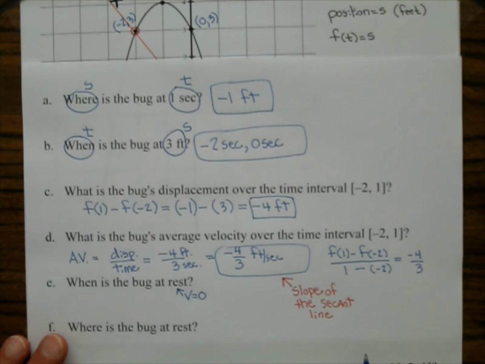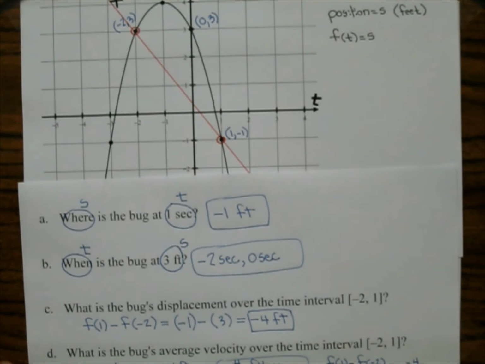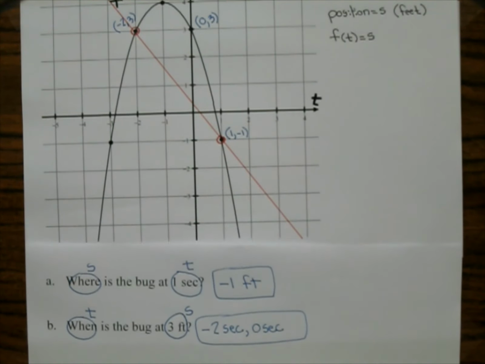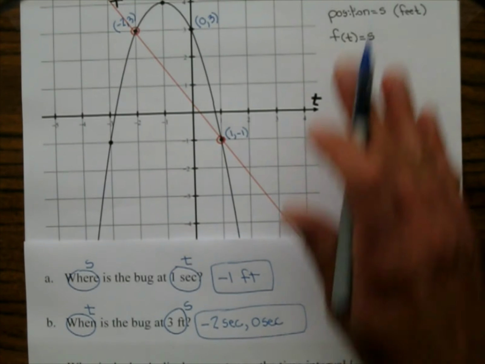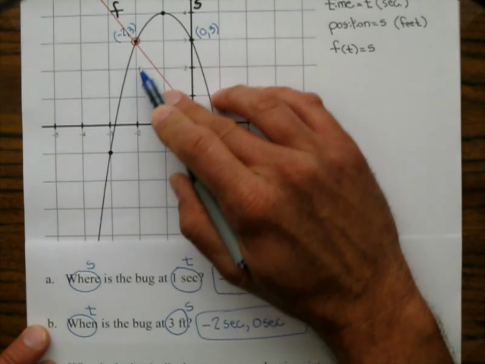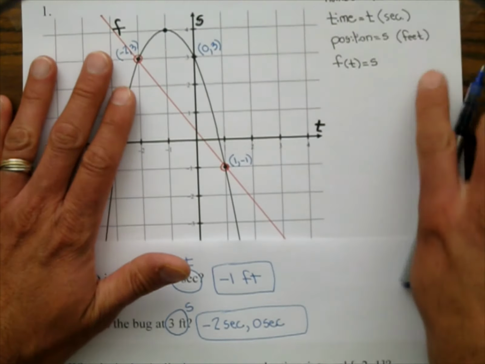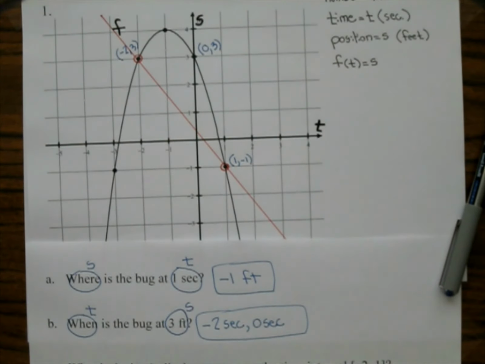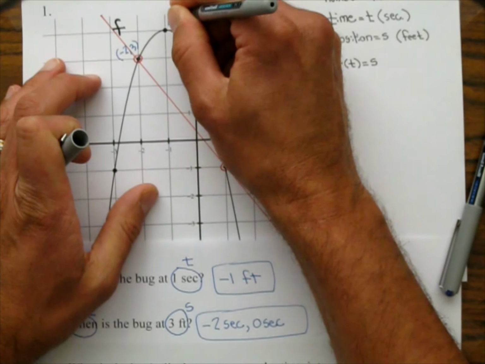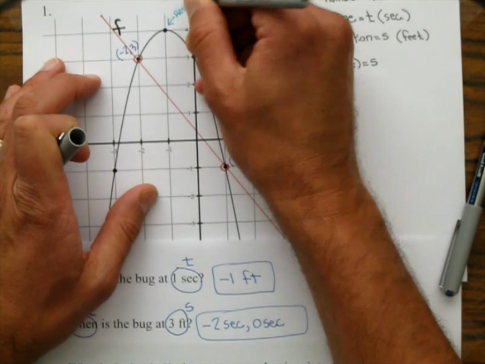The bug is at rest when you are looking at the bottom of a valley or the top of a hill. So the bug is at rest right there. Let's go ahead and in green we'll do that. This is where the bug is at rest. That's where the bug is turning around.